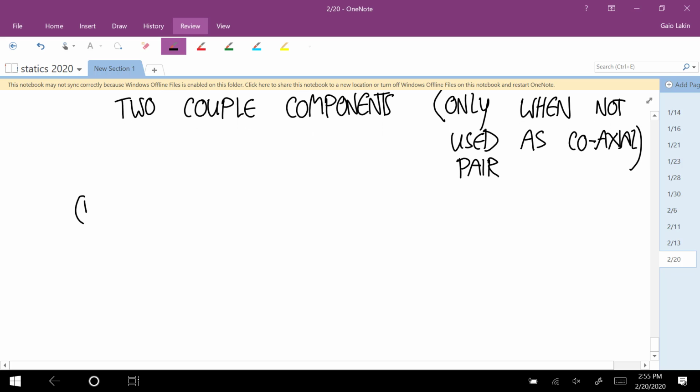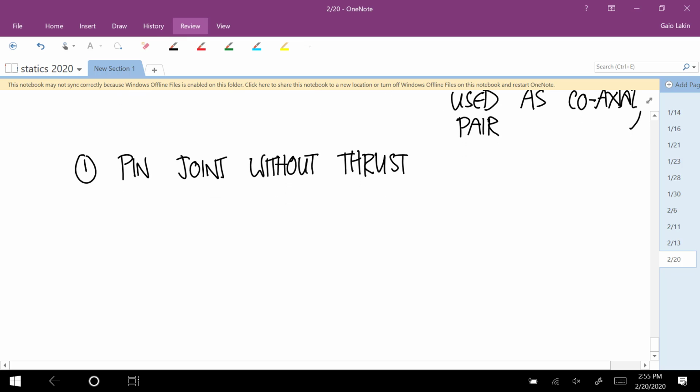So this is a pin joint without thrust. And it looks something like this.